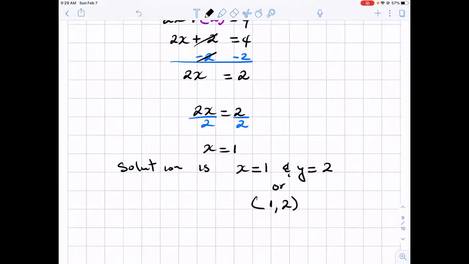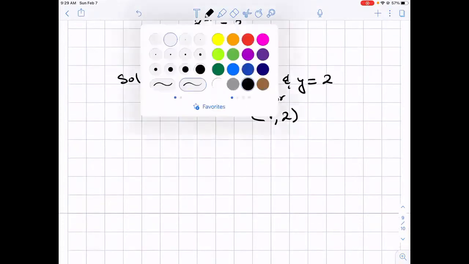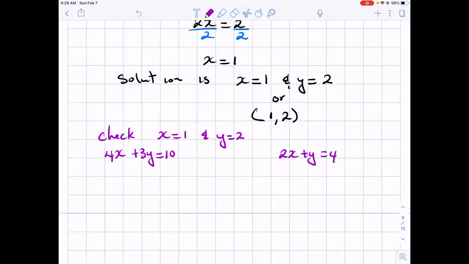Now don't forget, we should check this. You should always check. So check x equals 1 and y equals 2 in the equations 4x plus 3y equals 10 and 2x plus y equals 4.